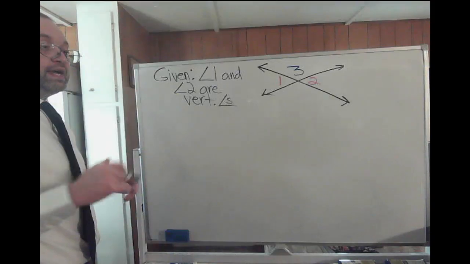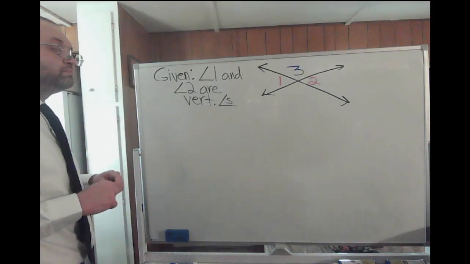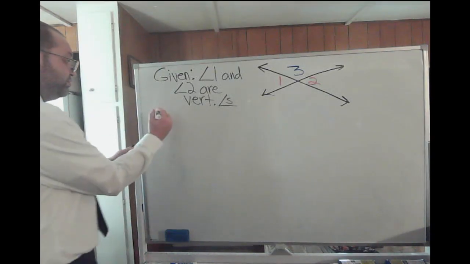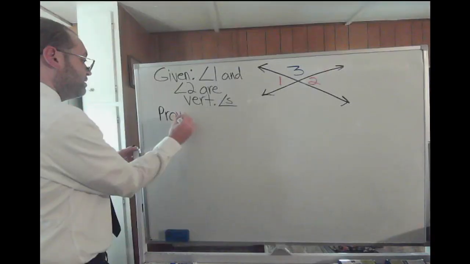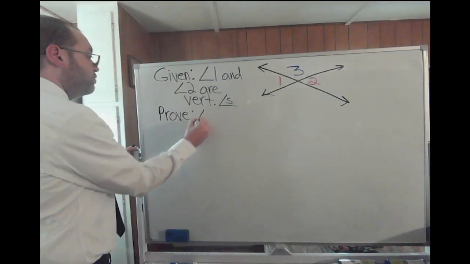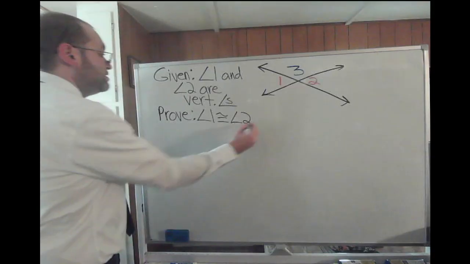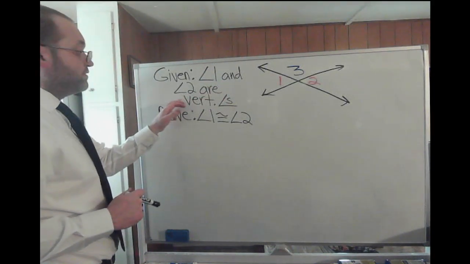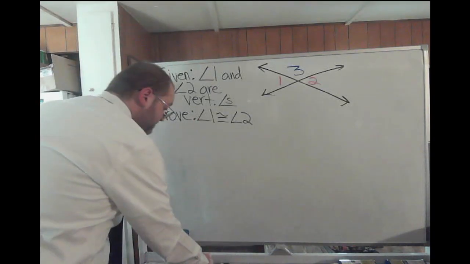They tell us that. Okay, now what we have to prove, so we are going to prove this theorem, is that angle 1 is congruent to angle 2. So that's our proof for this problem. We're given that angle 1 and angle 2 are vertical angles. We've got to prove that angle 1 equals angle 2.